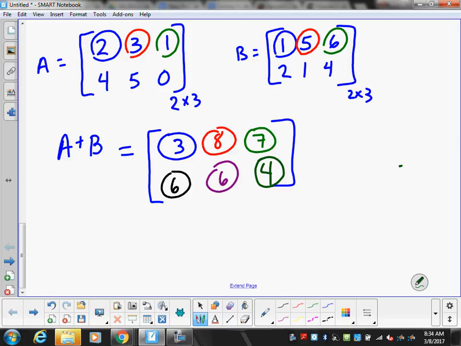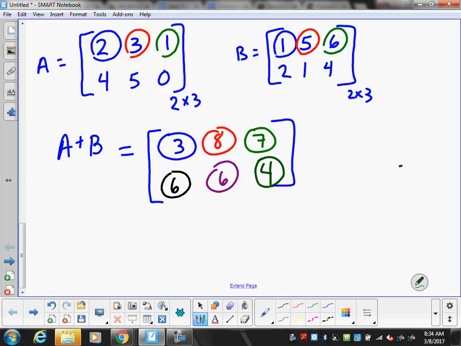Questions on addition? All you do with addition or subtraction is you add the corresponding elements. Okay, so the ones that are in the same position. Even if there are negative numbers in there, you would still add them if there's a plus sign. So if it's negative 2 plus 3, you type in your calculator, negative 2 plus 3. Okay, I didn't put any negatives up there, but that is what you would do.